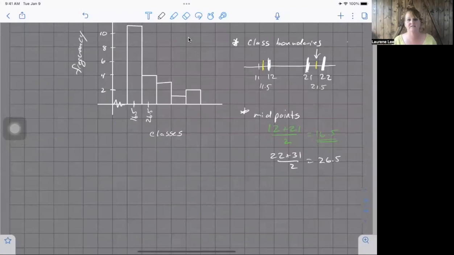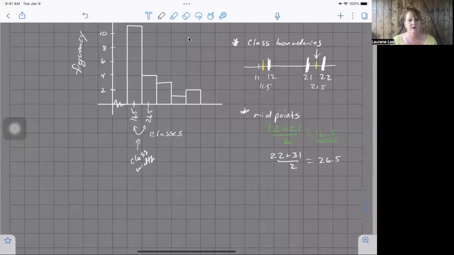Now, the other thing that maybe you'll notice, and probably for sure if I do one more bar here, is that the distance between these two values is the class width. So another way to do this is find your first midpoint and then just add the class width to each number to get the next one.